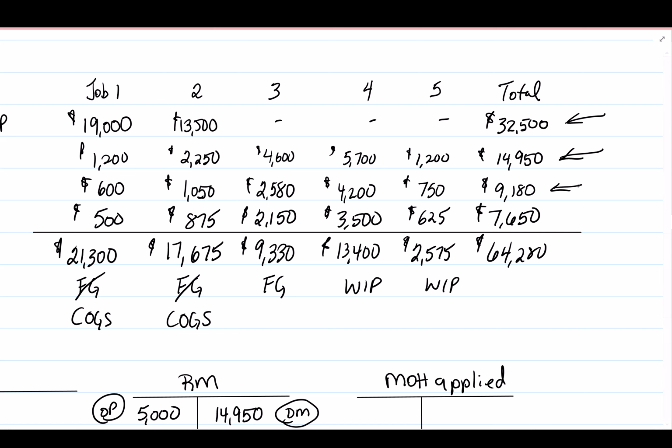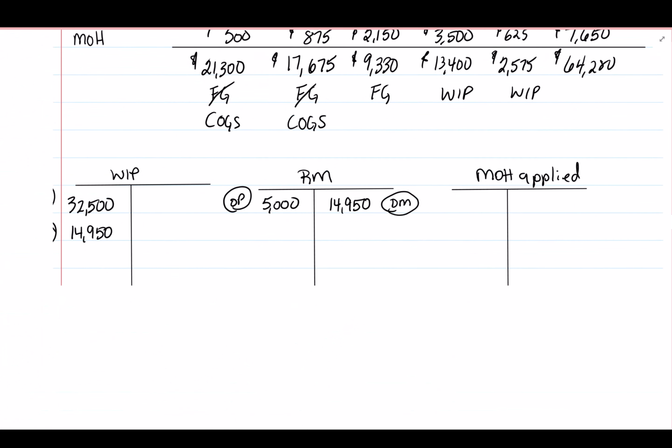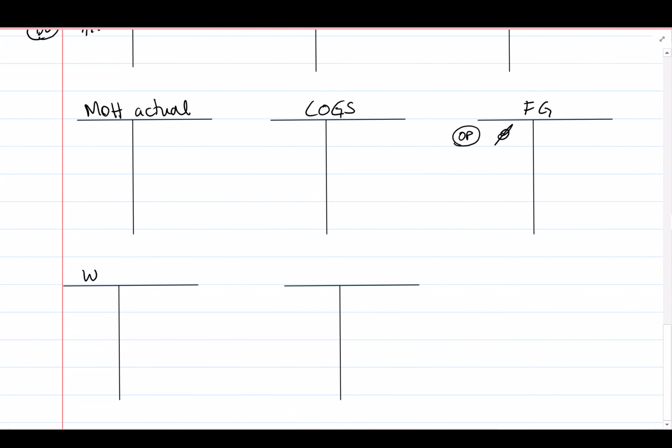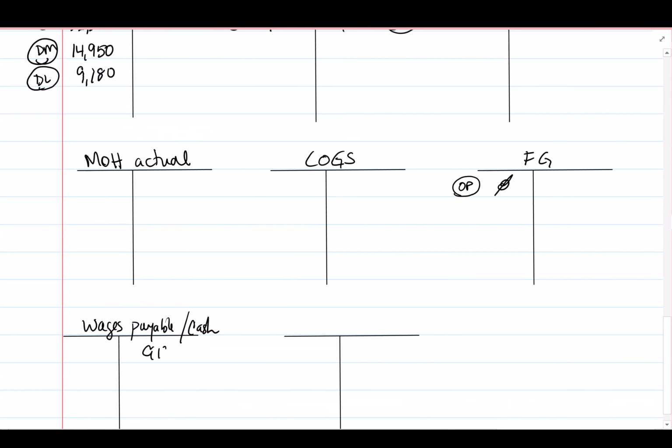Debit work in process, credit, I guess you'd be paying them under the table and just do cash. $9,180, so that's direct labor. You can call it cash or wages payable. I'm going to call this wages payable. Somewhere there that $9,180 came from.